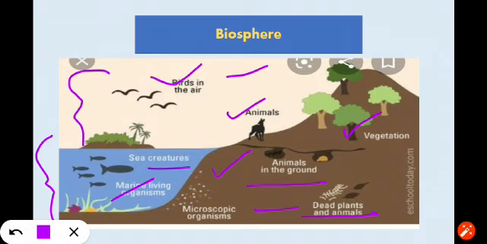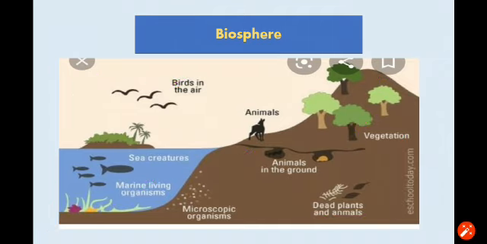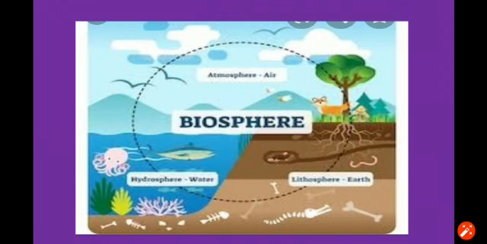So, land, water and air interact with each other to support life. It is a significant part of the earth. It is the part of the earth that is occupied by living organisms. It provides us with favorable conditions for life.